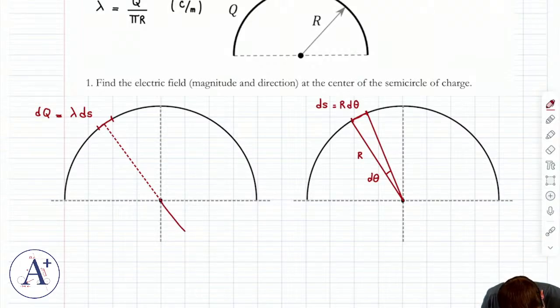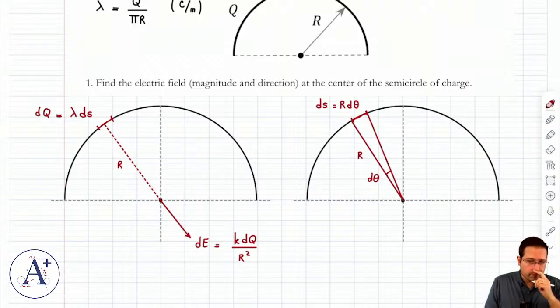Therefore, it's positively charged. At this point here, it's going to create an electric field dE in magnitude that is going to be equal to k dq divided by the distance here, which is r squared.